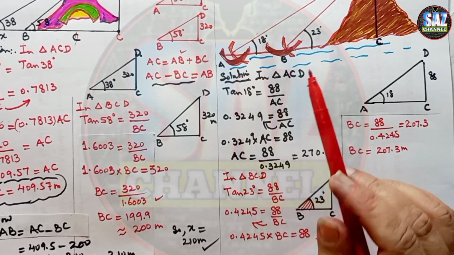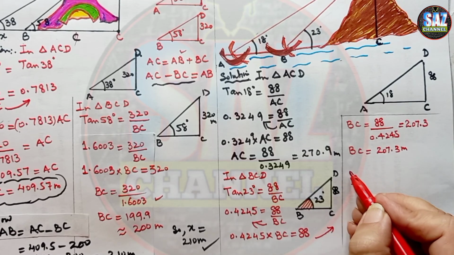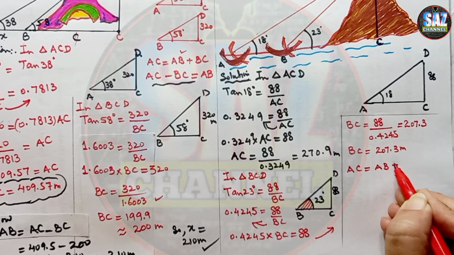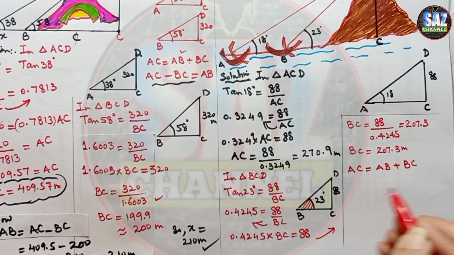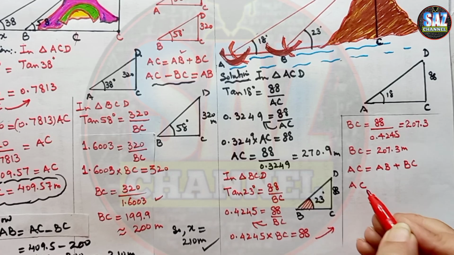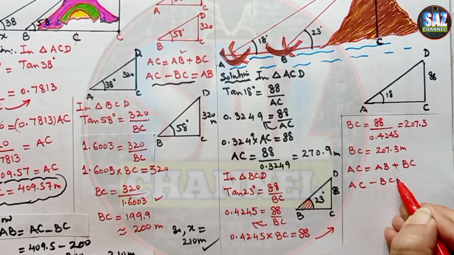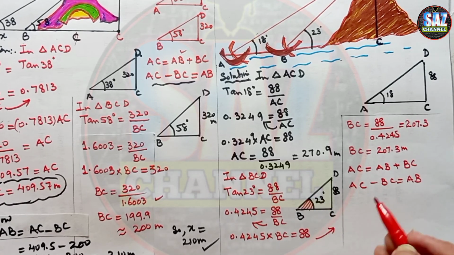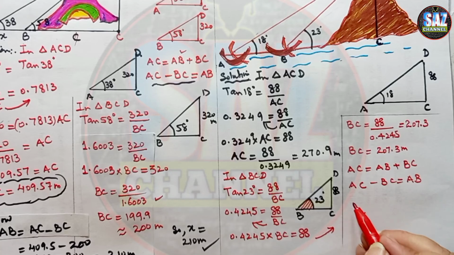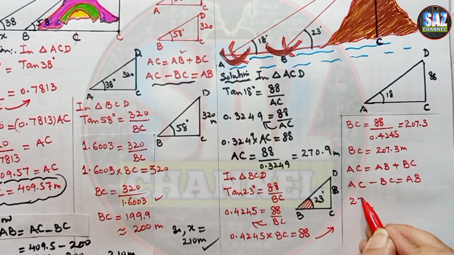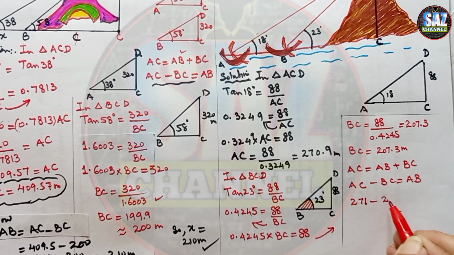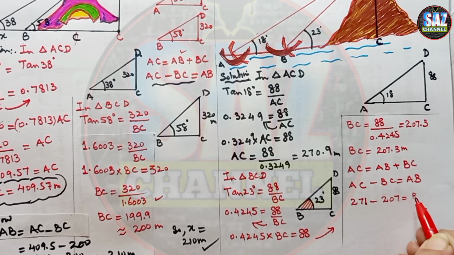The distance between the two boards. Now we can see that AC equals AB plus BC. So AC minus BC will give me the value of AB, which is the distance between the two boards. AC has the answer 270.9, which can be approximately taken as 271, minus 207, equal to AB.